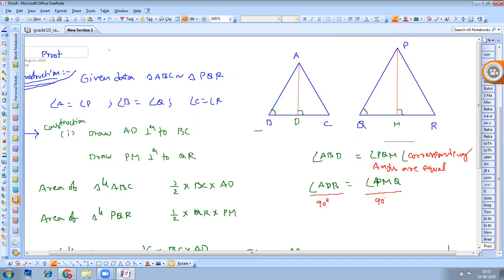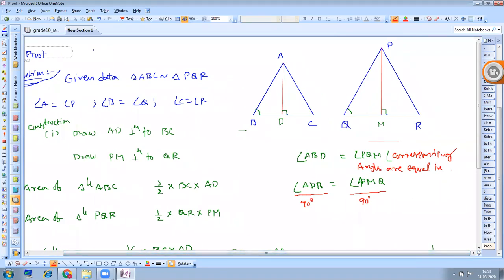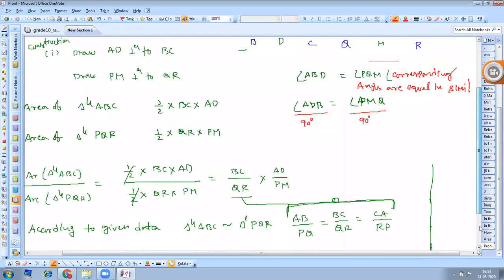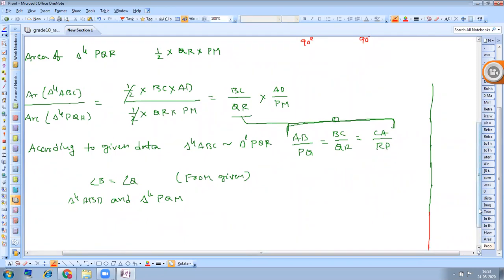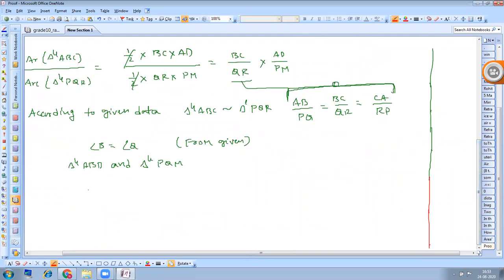So if two angles are the same, I can say AA similarity. Correct. So from AA similarity, which two triangles can I say are similar to each other? Angle B is equal to angle Q, which is given, and the two right angles are the same: angle ADB is equal to angle PMQ, which is 90 degrees.